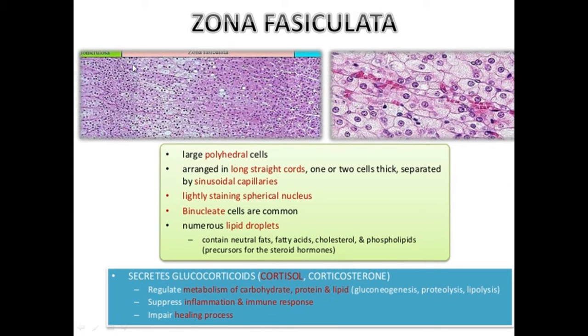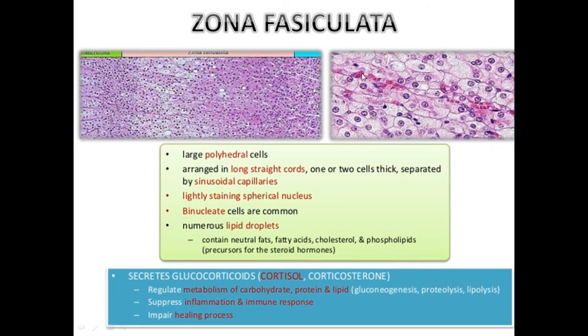Beneath the glomerulosa, there is a population of cells arranged in columns or straight cords, which comprises almost 80% of the cortical volume. These are polyhedral cells arranged in long straight cords, one or two cells thick, running at a right angle to the capsule of the cortex.